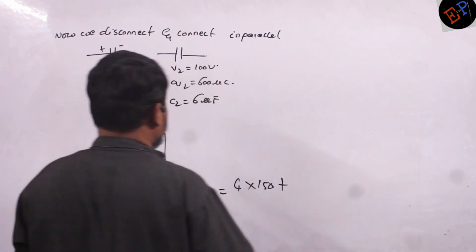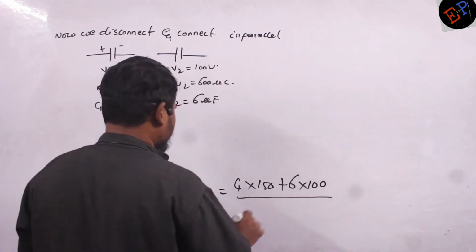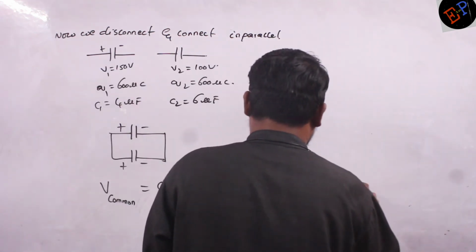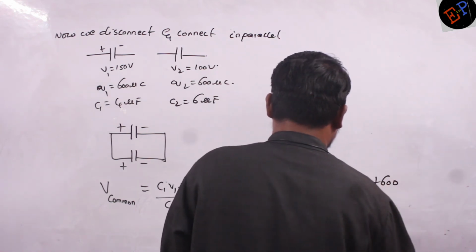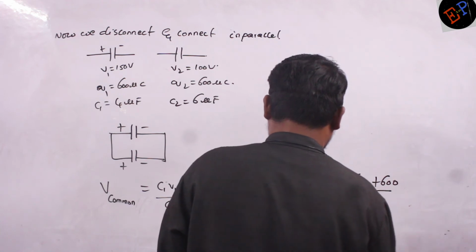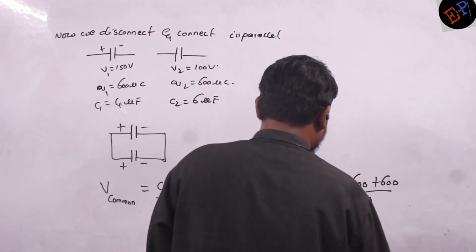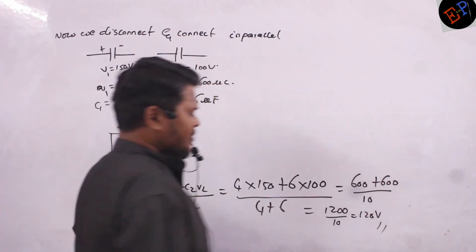Capacitance of the second capacitor 6, potential 100, divided by 4 plus 6. Clear, no? So therefore 600 plus 600 divided by 10, so it is 1200 divided by 10. It is equal to 120 volts.